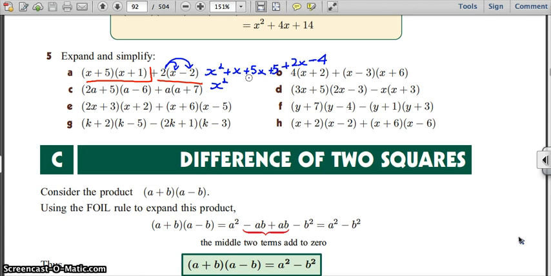I've got an x plus 5x plus 2x, that gives me 7x, that gives me 8x. Numbers are like terms. That leaves me with plus 5 take 4. If I know my number line, I get plus 1. Any questions with that?